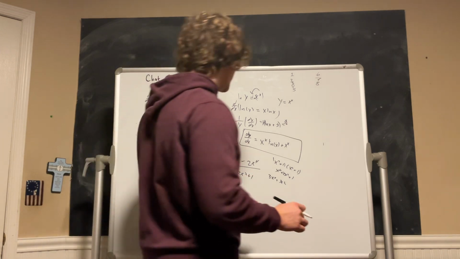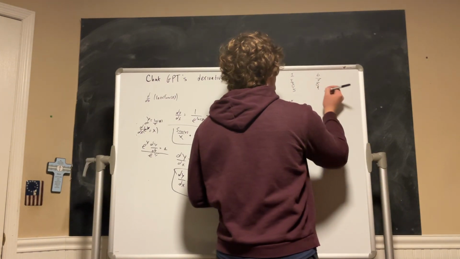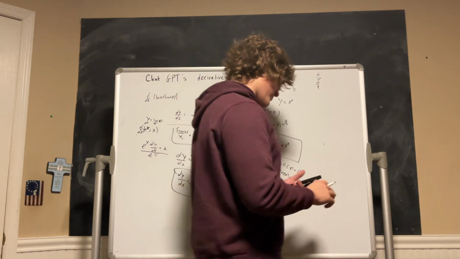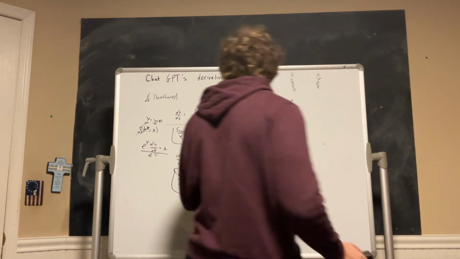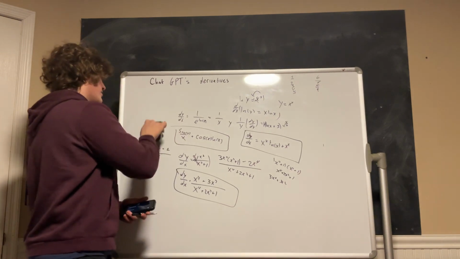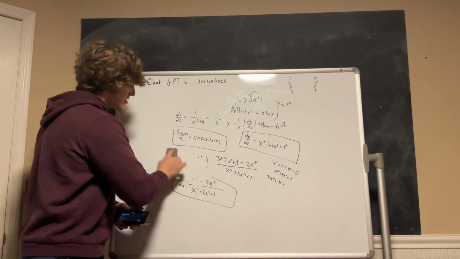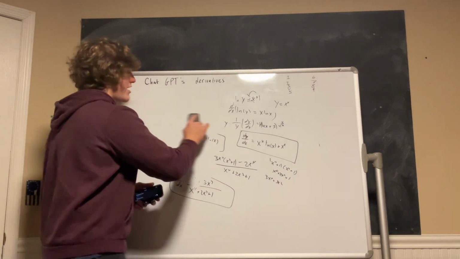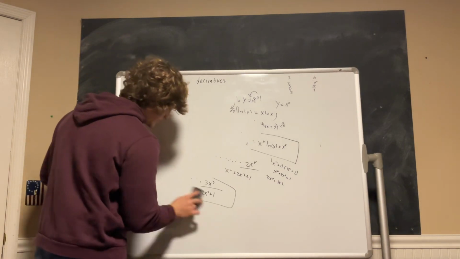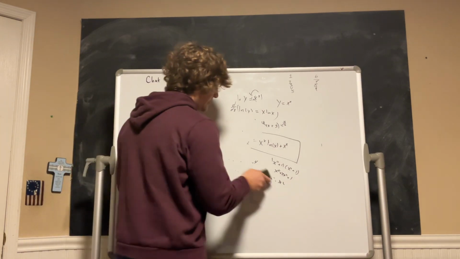Okay, so one more left. Number 9 has been completed. Now for our final one, let's see what ChatGPT thinks is the most difficult derivative that it feels confident enough to give me. So this will be our final derivative. I'll just erase all this so we have as much space as ChatGPT thinks we might need.